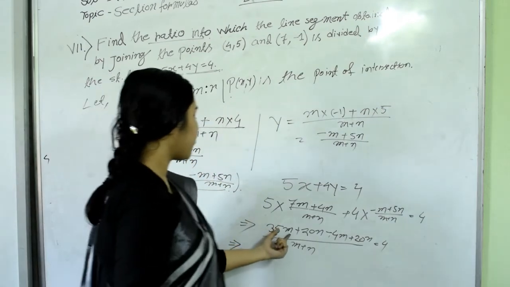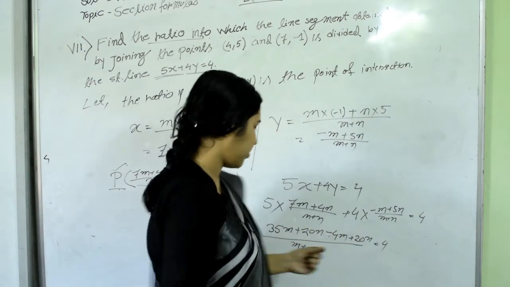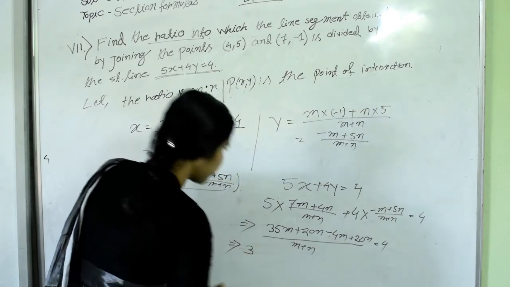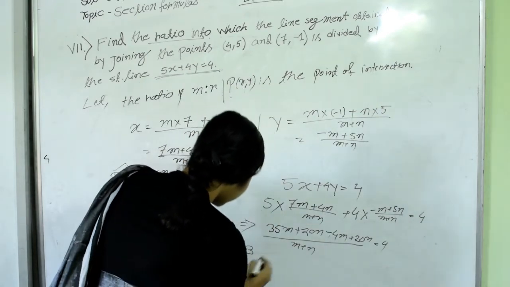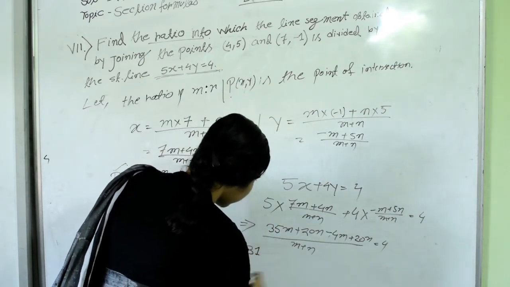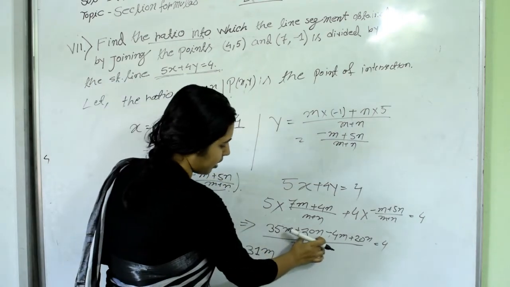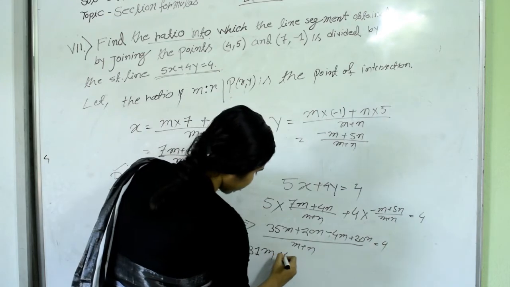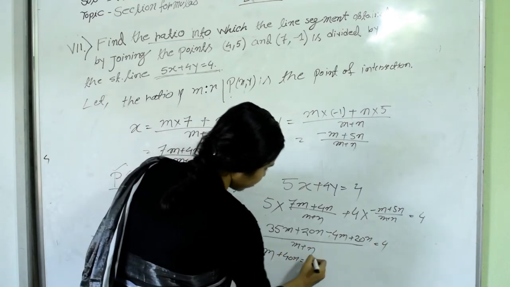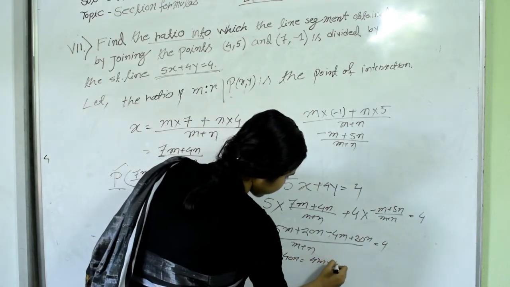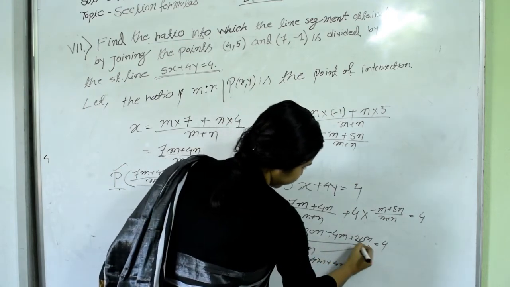Now 35m - 4m is 31m, and 20n + 20n is 40n, equals 4m + 4n, cross multiply.